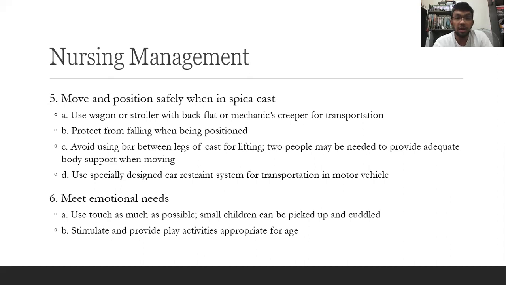Avoid also using bars between legs of cast for lifting. Two people may be needed to provide adequate body support when moving, especially if the child is an older child. But for an infant, there's no need. Only a single person may be used for lifting the child.